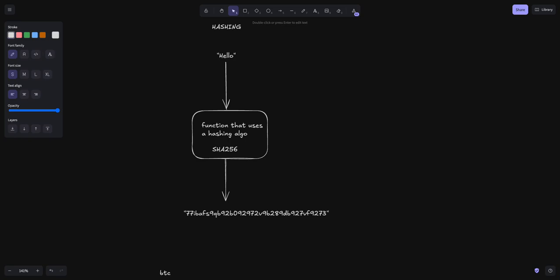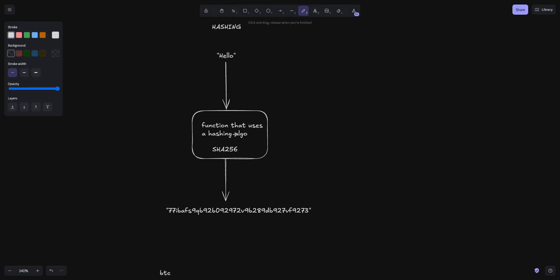Two properties of hashing: the output is in hexadecimal. What is hexadecimal? If you're a developer, you know this. Once you create a hash of a normal string, it doesn't matter whether you pass just h, or a string that is 200 characters long.